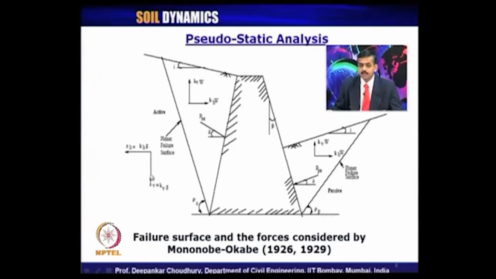Similarly, aV is considered as the vertical seismic acceleration, which can be expressed as kV times g, where kV is called the coefficient of vertical seismic acceleration.